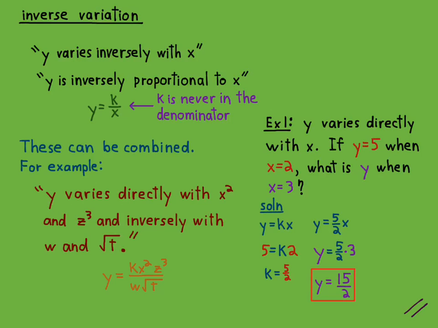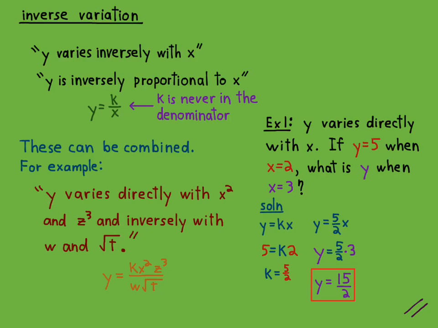I did these in two columns for a reason, and if you have any trouble with this at all, you might want to write them in two columns. In the first column, I have the original equation, y equals kx, and then I put in the original set of information that I'm using just to find what k is. Then I go to the right column and, next to the original equation, y equals kx, I write it with the k I've now computed, y equals 5/2 x.